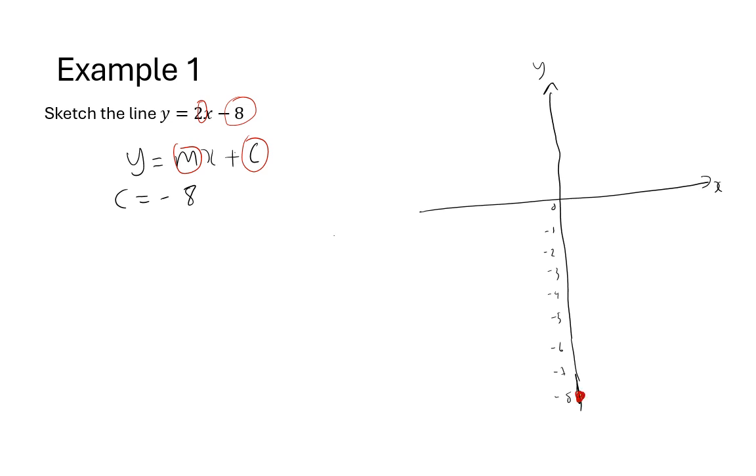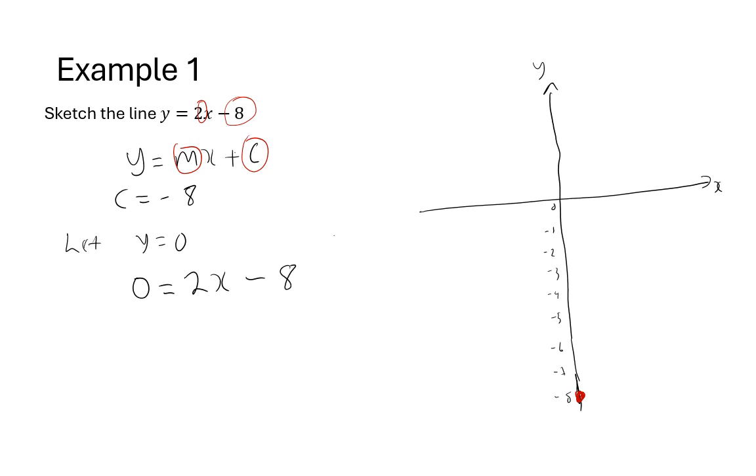The next step is to let y be equal to 0. Then we have to solve 0 equals, instead of y I put a 0, 2x minus 8. Now I want to find x.